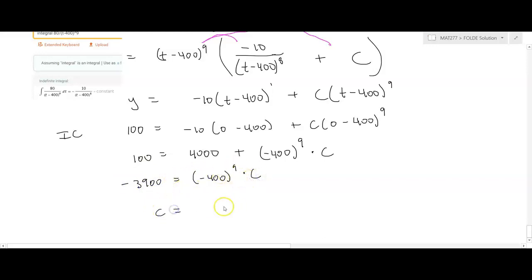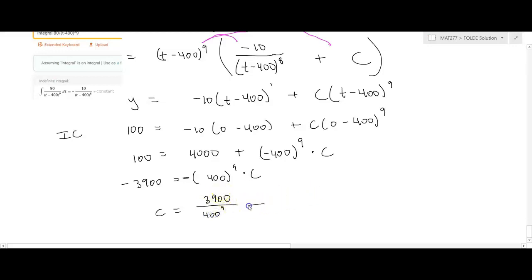And so c is, by the way, since this is to an odd power, this is going to end up being a negative number. So I can't actually make this negative come out here. If this were an even power, then raising a negative number to an even power would produce a positive number. And you can just check my logic on that if you'd like. So this will be 3,900 over 400 to the ninth power.